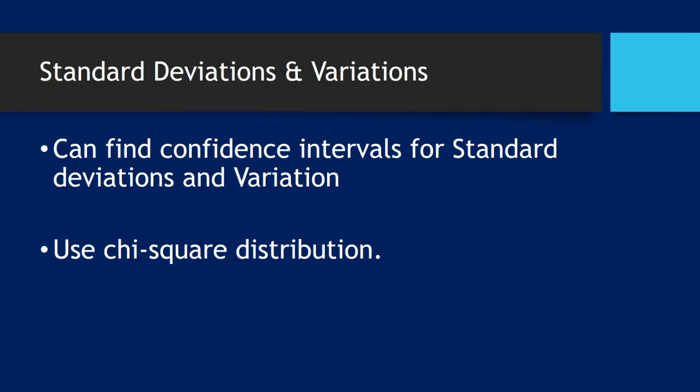It turns out you can also do confidence intervals for things like standard deviation and variation. It does use a very different type of distribution called a chi-square distribution, but it is very doable. If you wanted to learn more about that, you can read up on the chi-square distribution and then look at how to do those types of calculations in the book.